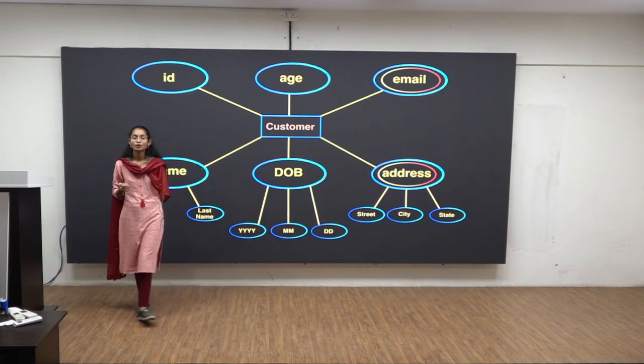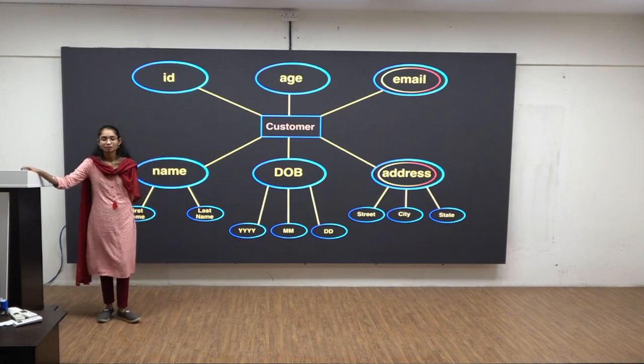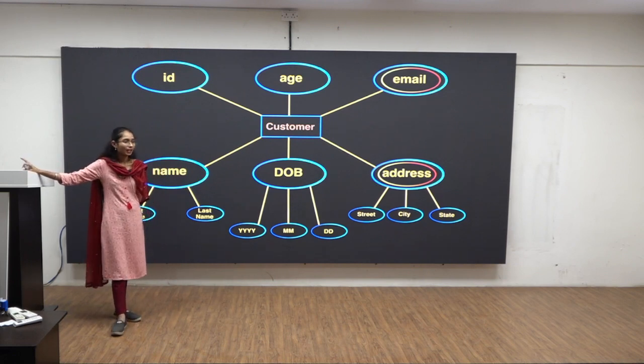What is the representation for the single valued attribute? It is an ellipse. So don't say a single ellipse, just say ellipse. And for a multi-valued attribute, it is a double ellipse. And what is the representation for the physical entity? It is a rectangle. Conceptual entity? It is a rectangle only. What is the representation for a simple attribute?